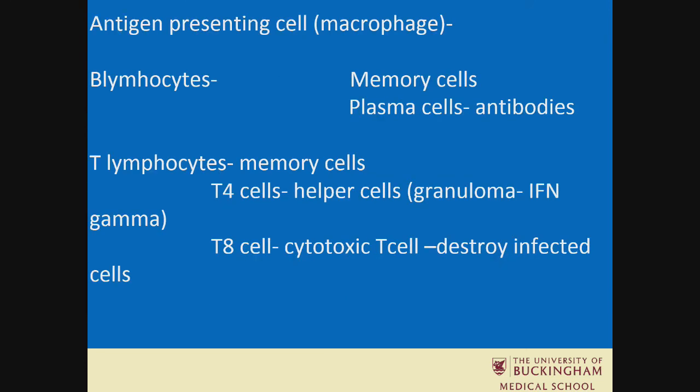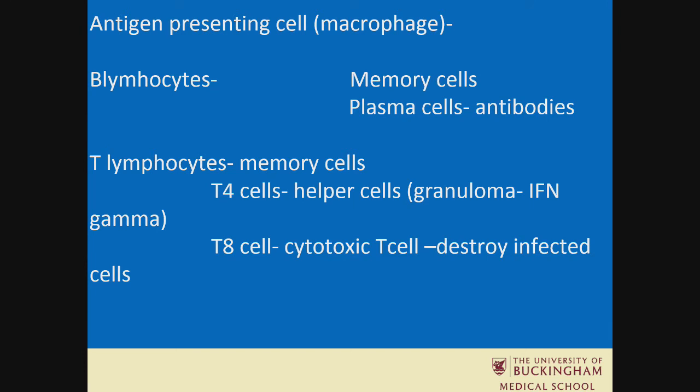And then T lymphocytes. There are also different types of T lymphocytes: T helper cells and cytotoxic T lymphocytes. Helper cells produce many cytokines which influence other lymphocytes and macrophages, like gamma interferon, which is involved in hypersensitivity, delayed hypersensitivity or granuloma formation.